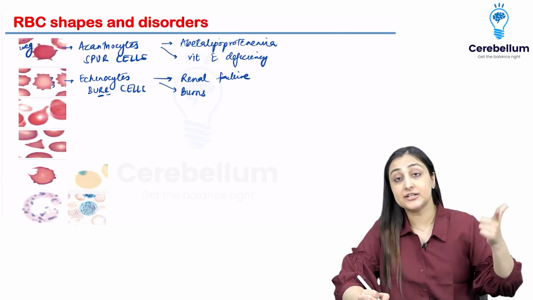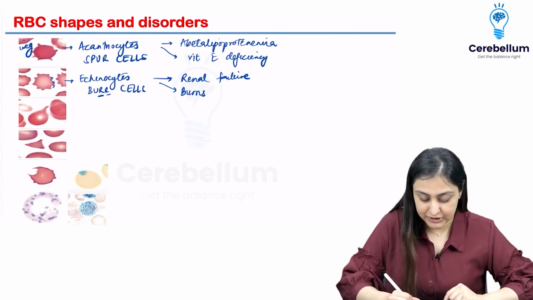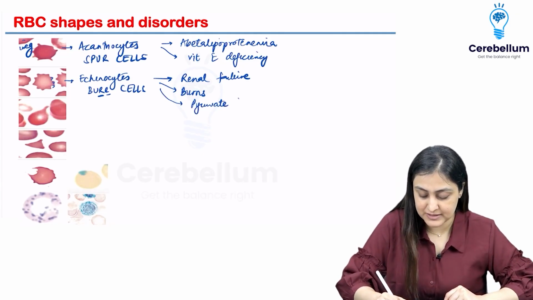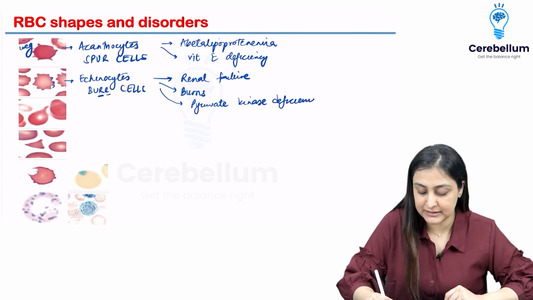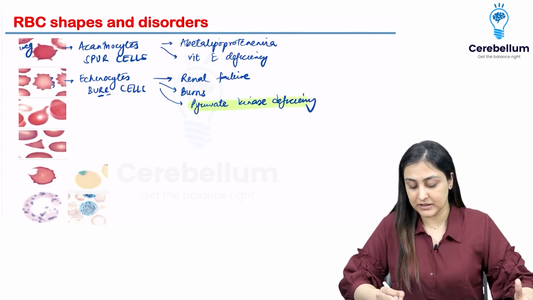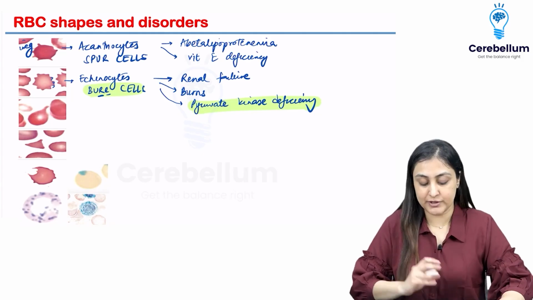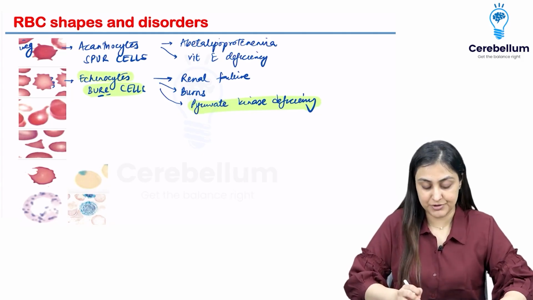And one more condition that you want to remember is pyruvate kinase deficiency. There are two enzyme deficiencies that can lead to hemolytic anemia. One is G6PD that we've already seen, and another one is pyruvate kinase deficiency. The only thing about this you want to remember is echinocytes or Burr cells.